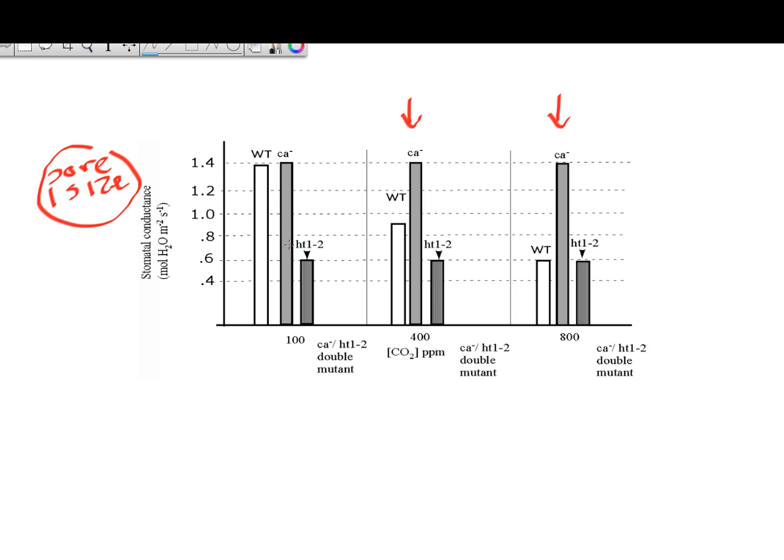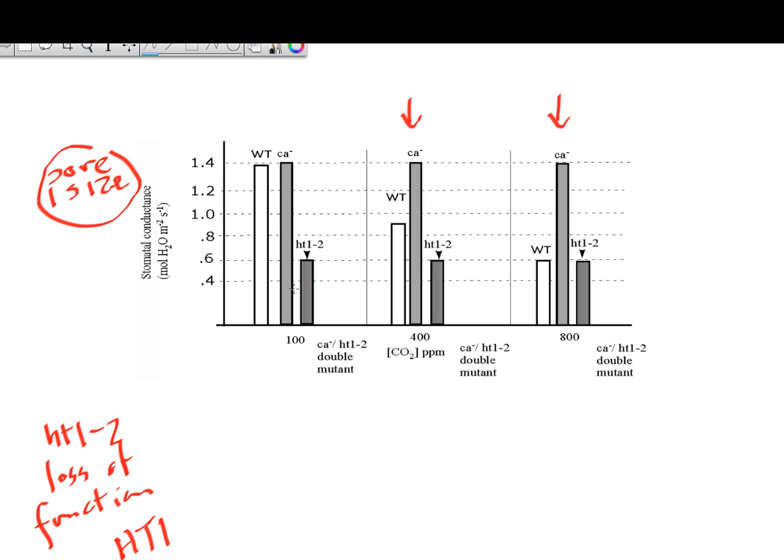Now, let's look first, since we've done it before, at HT1-2. HT1-2 is a loss of function mutant allele. Okay, so if you see a bar for what HT1-2 plants are doing, you know that's what plants do in the absence of the HT1 protein.